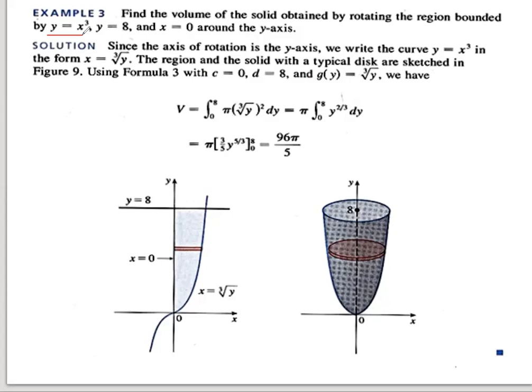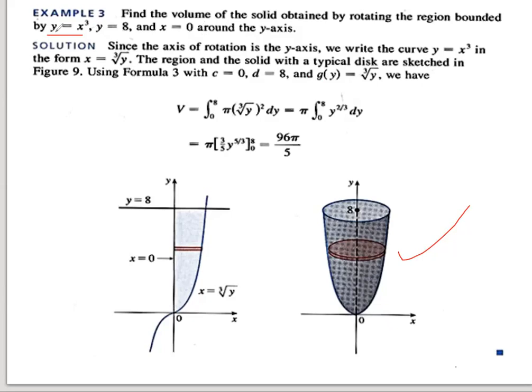You take that shaded area between the curve and the y-axis, and you rotate that, and you create a volume. And they want to know, what's this volume? Well, it's really this area, moved from 0 right up to 8.